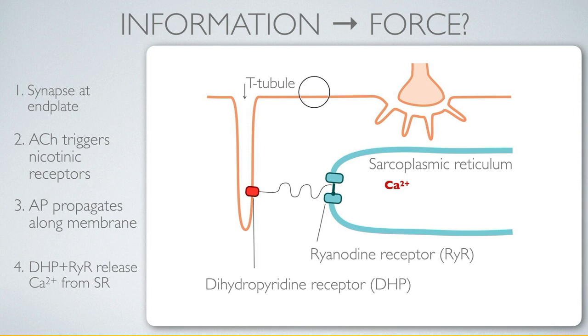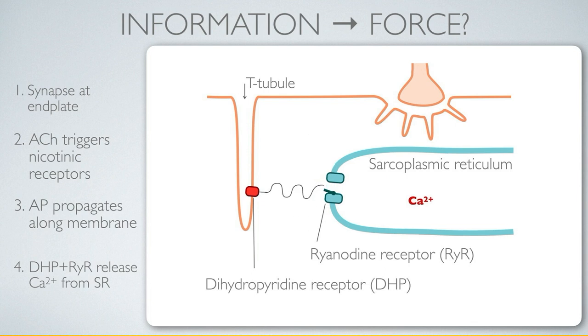And when the action potential arrives at the DHP receptor, it activates the DHP receptor to pull on this stiff protein, which yanks open the gate on the ryanodine receptor. All right, so what we have in step 4 here is DHP plus RYR releases, in this case, calcium from the SR. Okay, so we'll animate that.